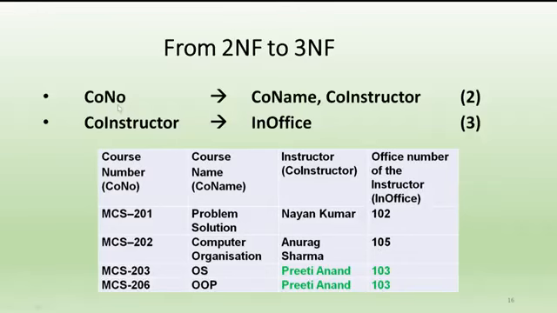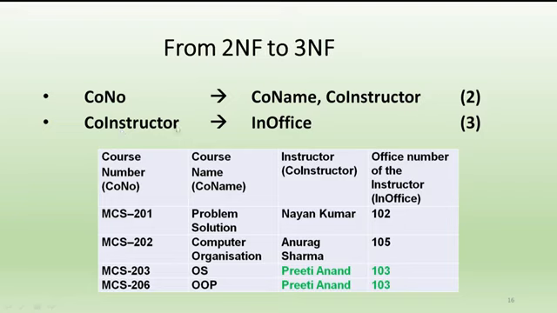Well, the situation is that the course number uniquely determines course name and course instructor, and course instructor determines in office, which was a transitive dependency. So what we need to do is keep one table as course number, course name, and course instructor. In this case, we don't need to add a third table because course instructor becomes part of the second table.